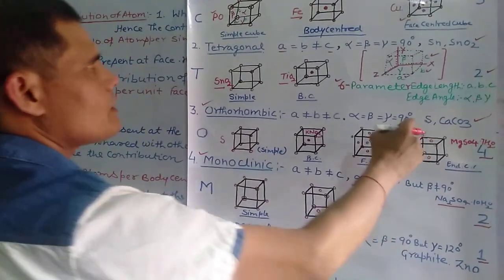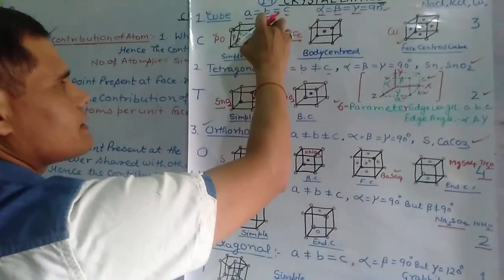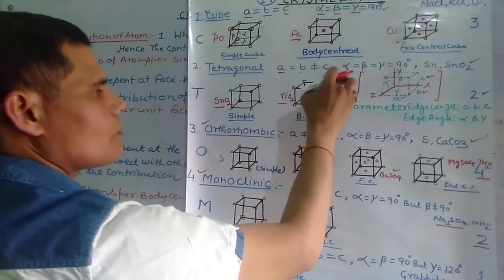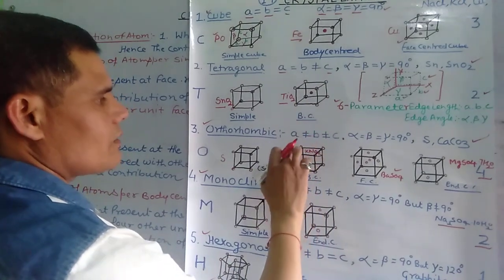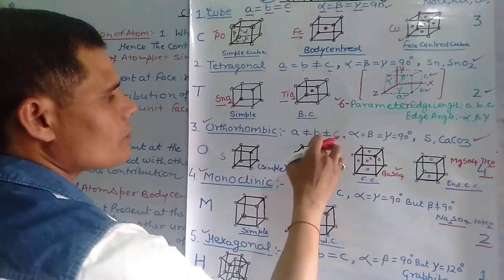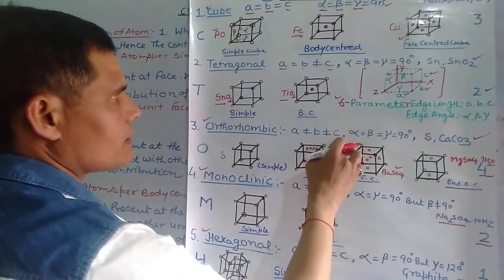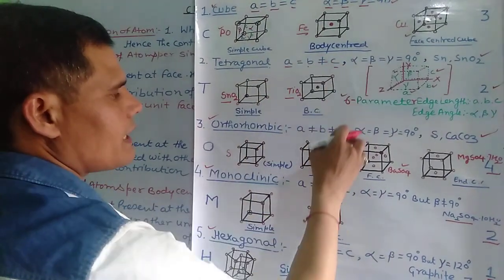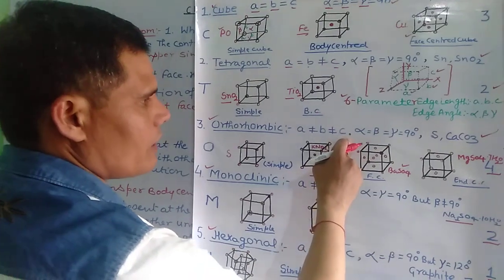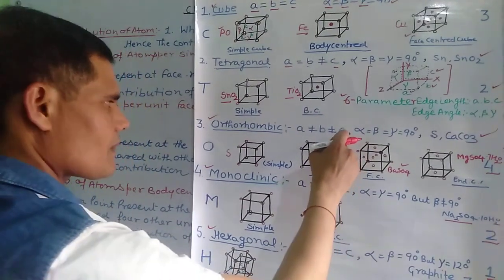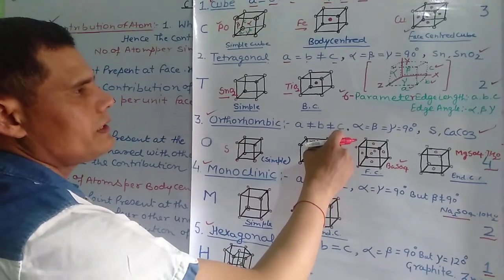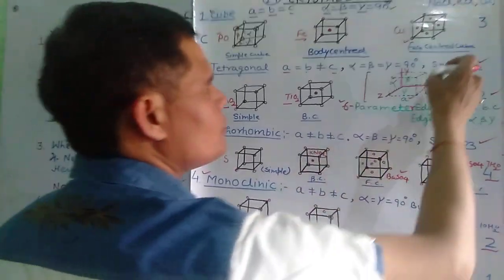And in case of edge lengths, first is a, b, c equal, second one a equals b but not c, and third one a is not equal to b and b is not equal to c. Means first equal, second partly equal, and third all three are not equal. And there is a best way to learn these types of unit cells.